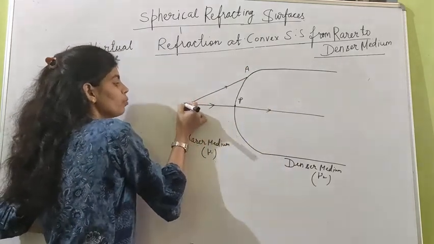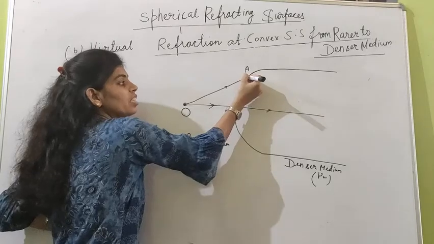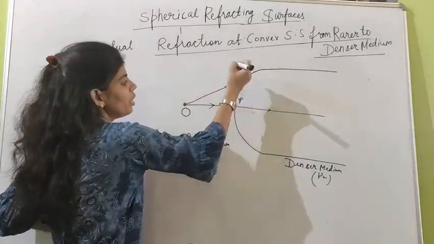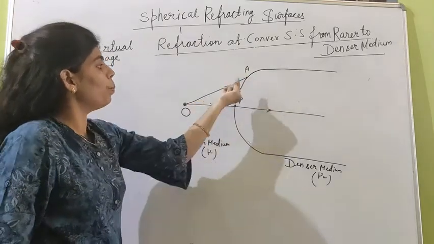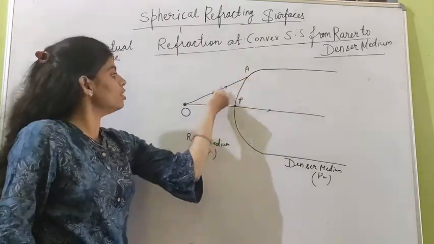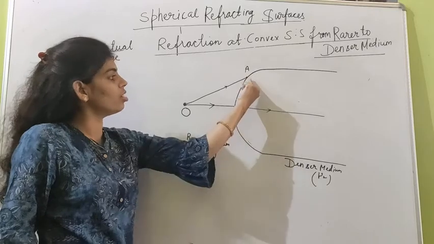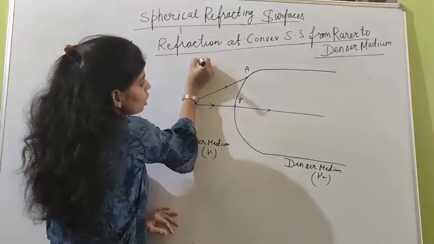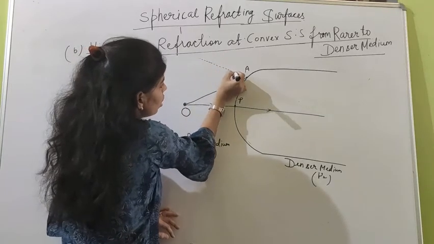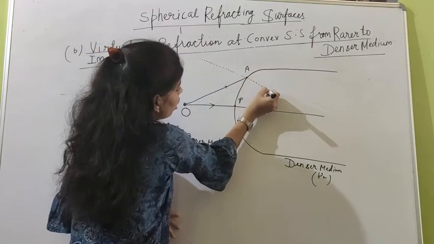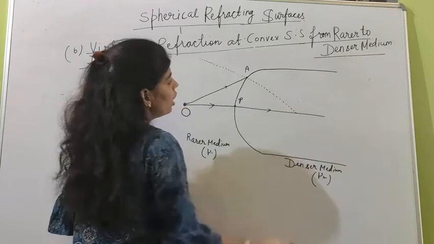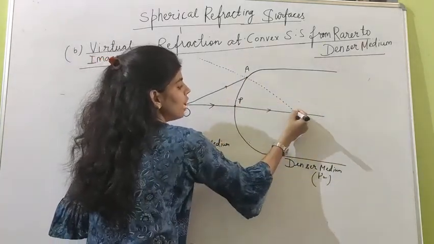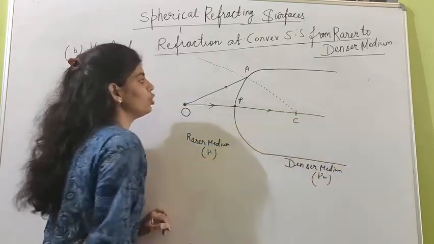You know, at the point where the incident ray strikes the surface, we will draw the normal. So let us draw the normal. So this is the normal, and suppose this normal will intersect the principal axis at the center of curvature.